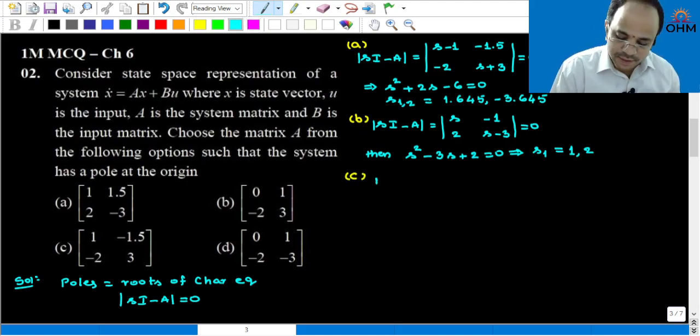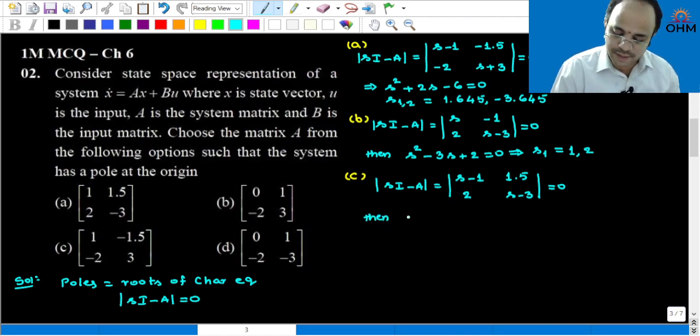Next one. For option C, by checking the determinant of sI minus A, what you will get? (s minus 1)(s minus 3) minus (1.5)(2) is equal to 0. Then it will give you s square minus 4s plus 3 minus 3, hence the 3 cancels, is equal to 0.